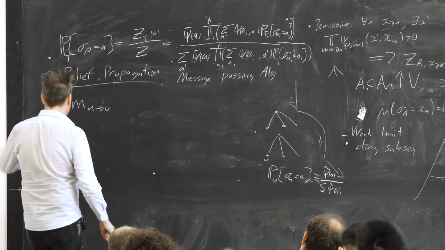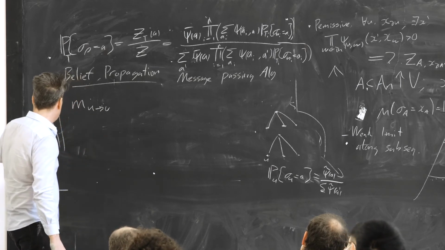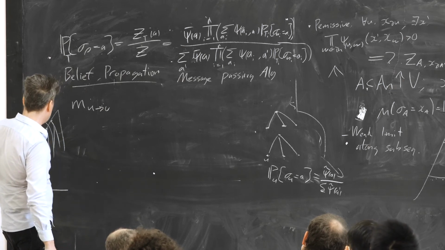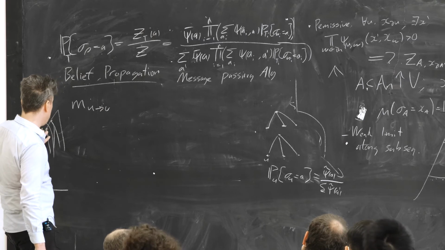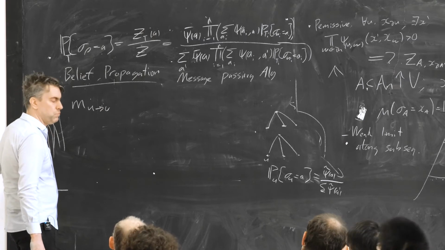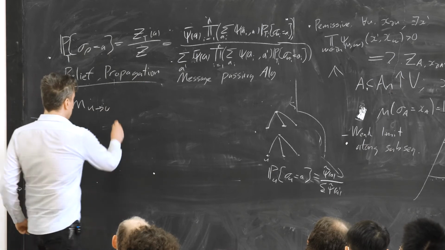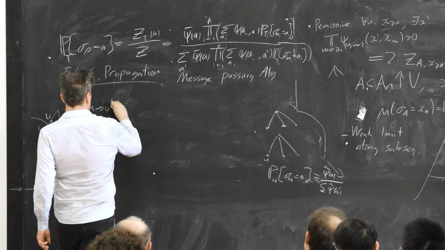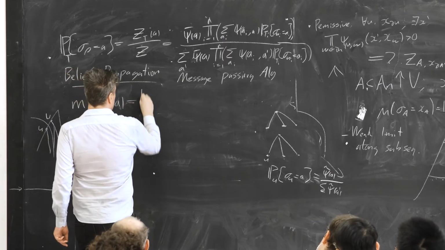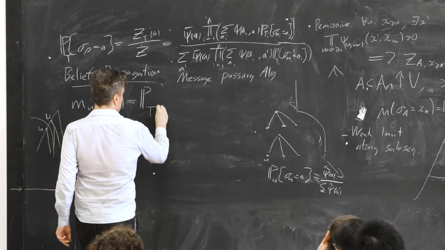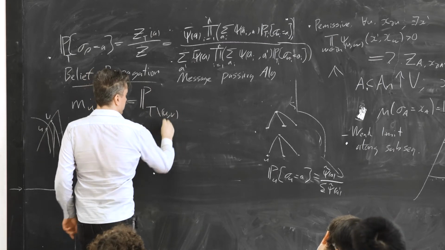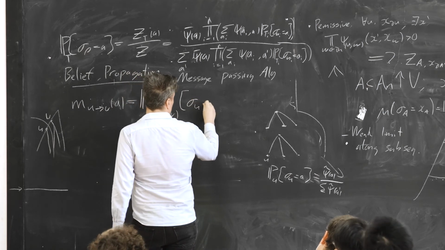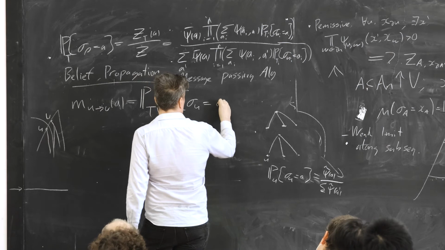The interpretation of the message from u to v is that u is saying, okay, if we just consider the graph on my side of the graph, what is my marginal probability? So the message from u to v of A is the probability in the graph T minus the edge uv that sigma_u equals A.